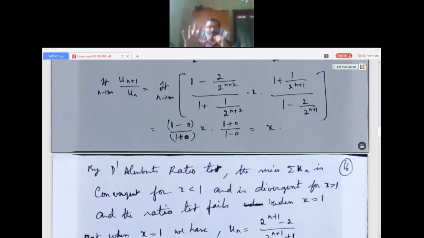So instead of writing the constant number, we take x only. So sigma un is convergent by D'Alembert's ratio test when x is less than 1, divergent when x is greater than 1, and the test fails when x is equal to 1.